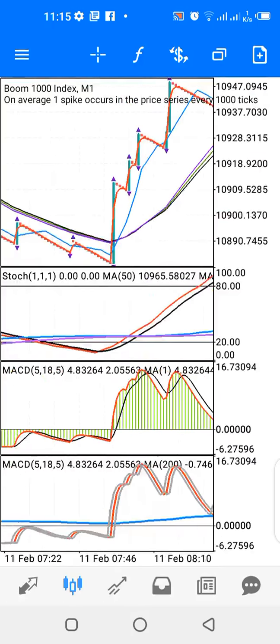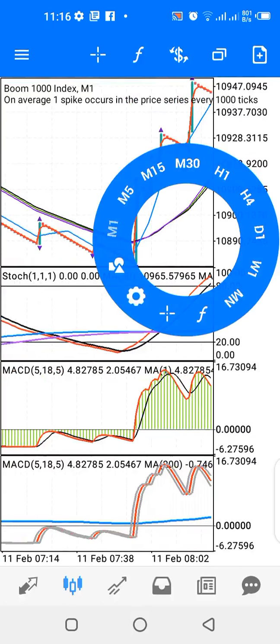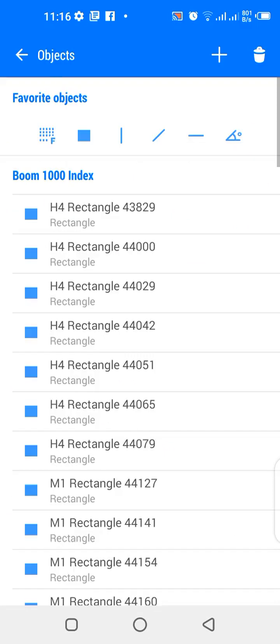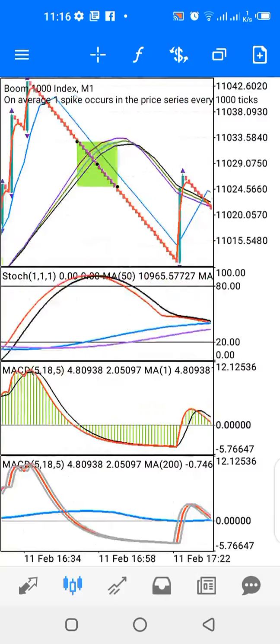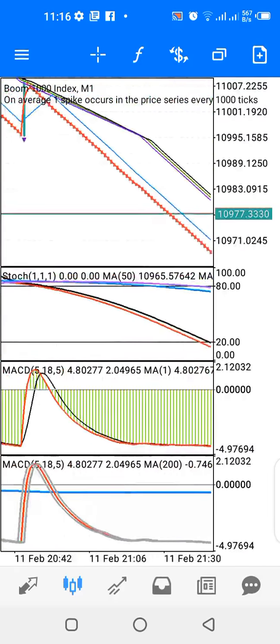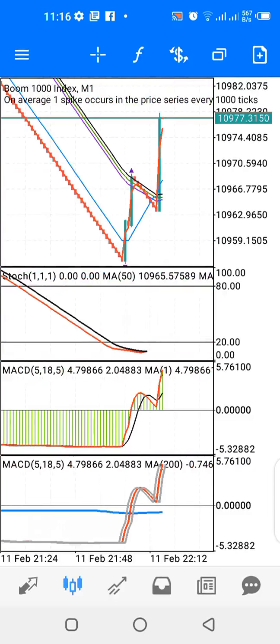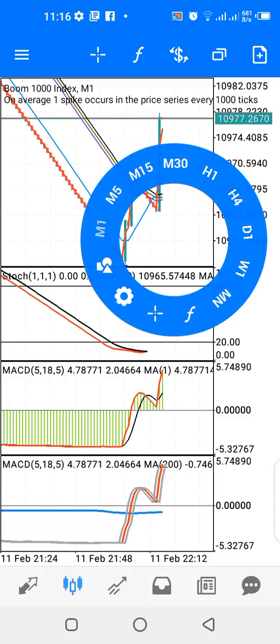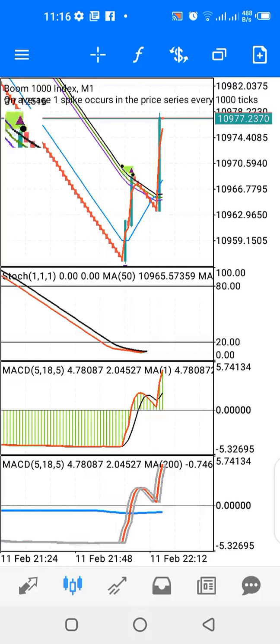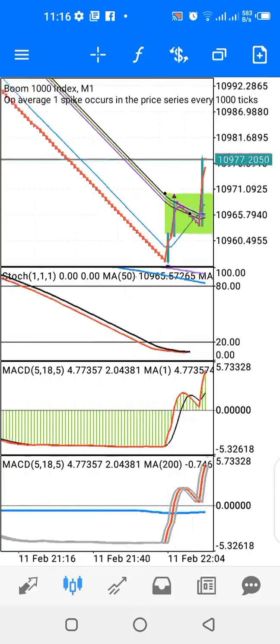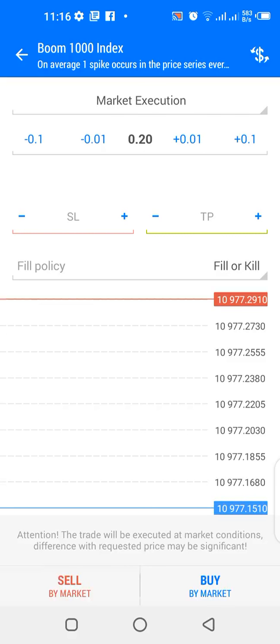Okay, let's look for where we have the buy signal. Okay, we have the buy signal here at this point. So that's how to use the indicators on the main window. Presently, Boom 1000 is buying. Okay, so I can as well click on buy.